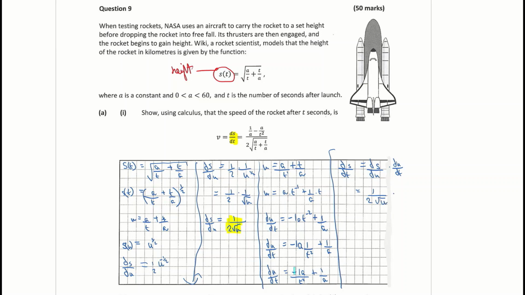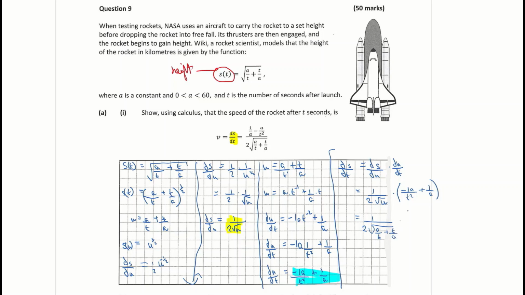And my du/dt is this value here. So that's giving me, multiplied by minus a over t squared plus 1 over a. And if I substitute back in my value for u, as I said, it's going to be 1 over 2 times the square root of a over t plus t over a.